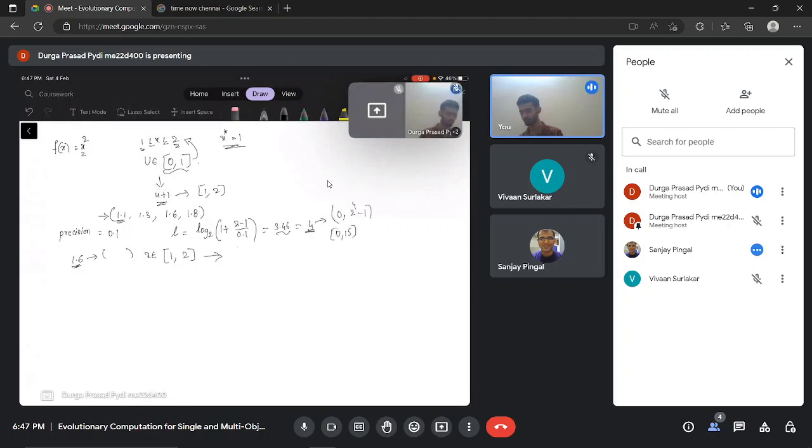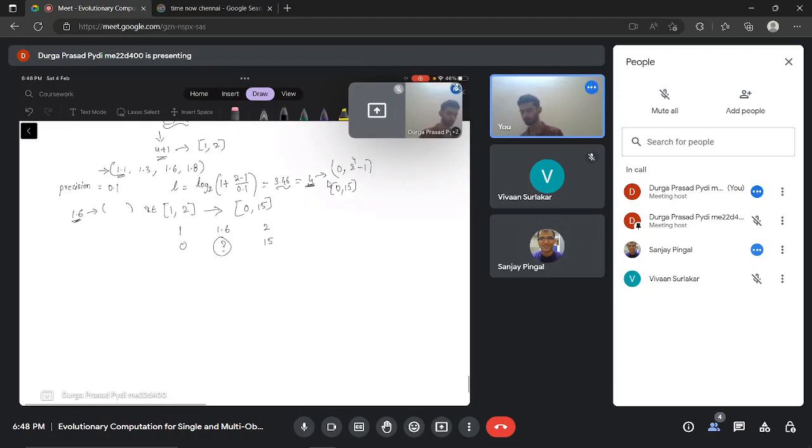So you need to find the mapping between 1 comma 2 and 0 comma 15. If you have 1.6, what is the corresponding number that gives you that particular value? Can you just come up with that number? 15 divided by 2 into no, there's a formula, right?